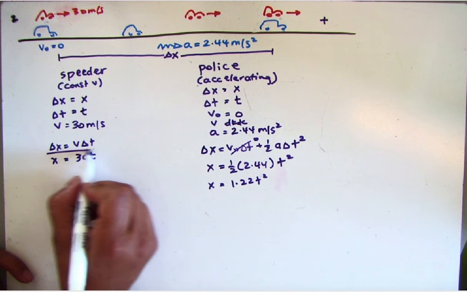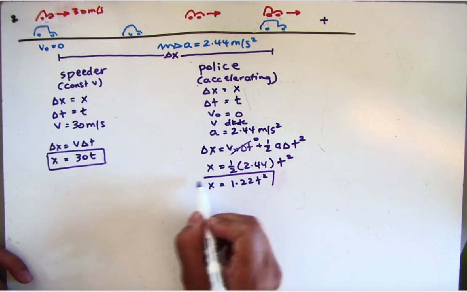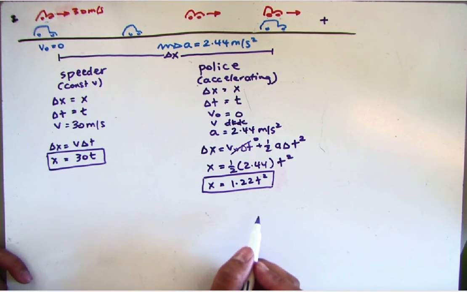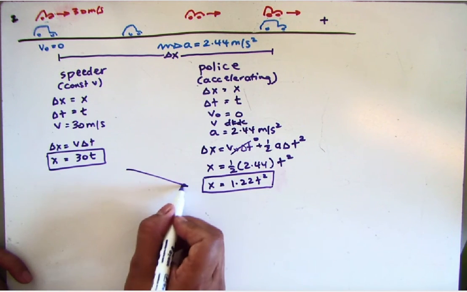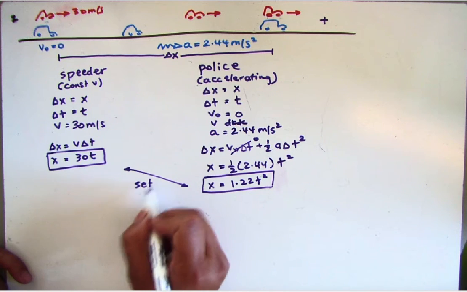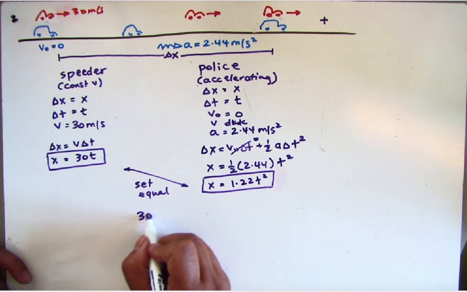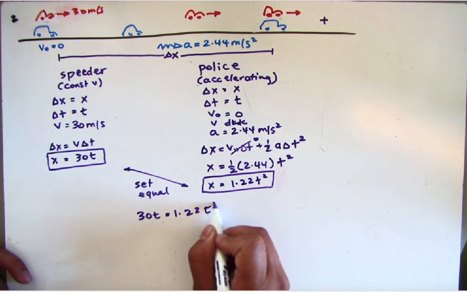So you can see that what I've done is I've generated two equations, and I have two unknowns. So now I just have to substitute and solve. I can do this by setting them equal to each other. So 30t equals 1.22t squared.